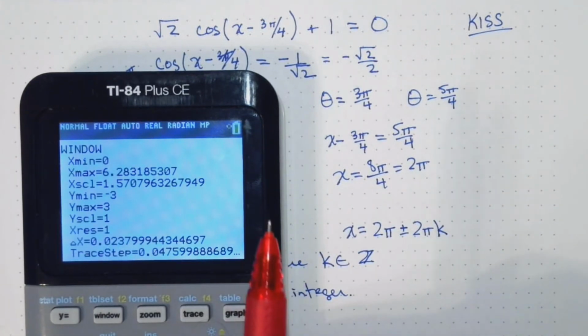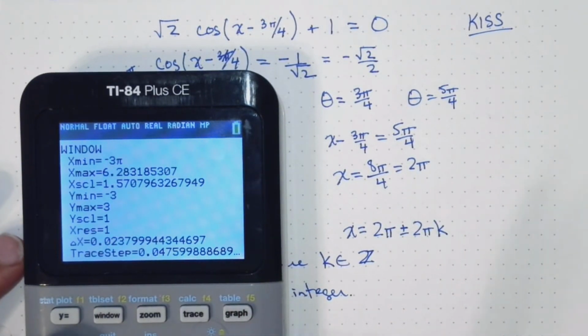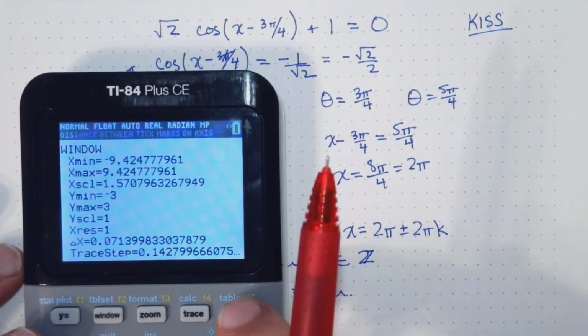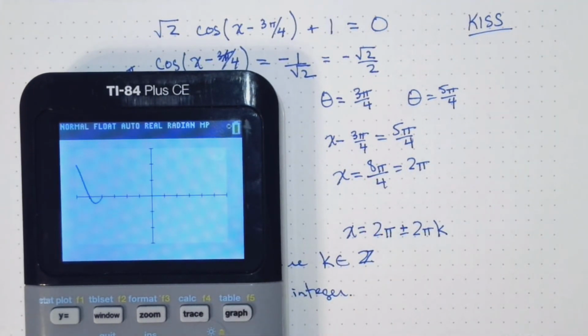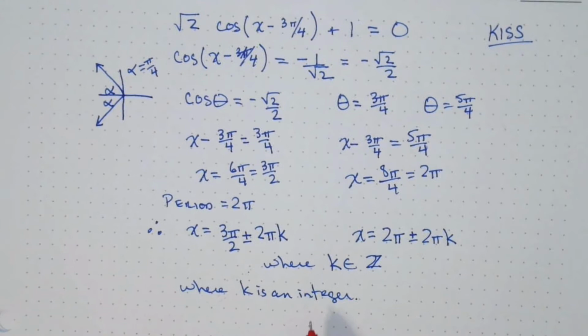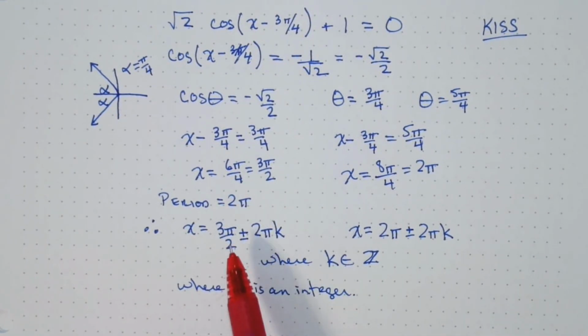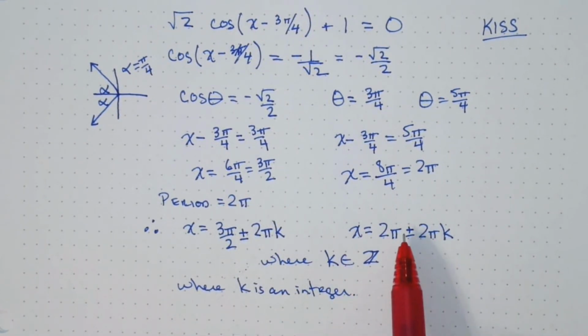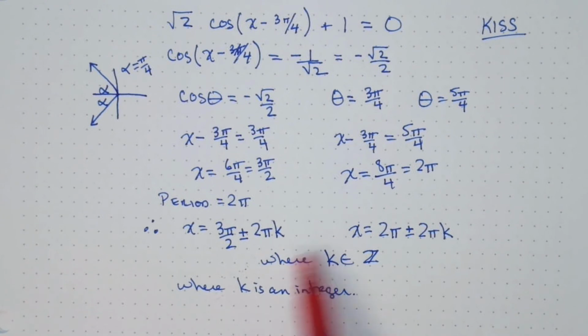If I wanted to look at more than one period, maybe I say from negative 3 pi to positive 3 pi, and I should be able to see that there is that repetitive pattern in terms of where those intersections are occurring. So where are all my intersections? All my intersections are at 3 pi over 2 or at 2 pi, plus or minus a multiple of the period.